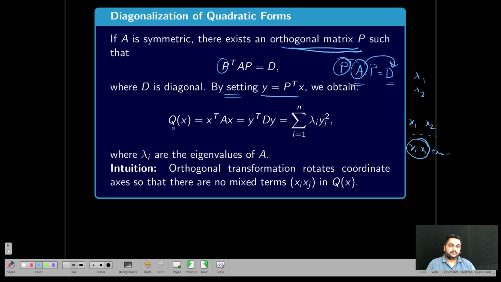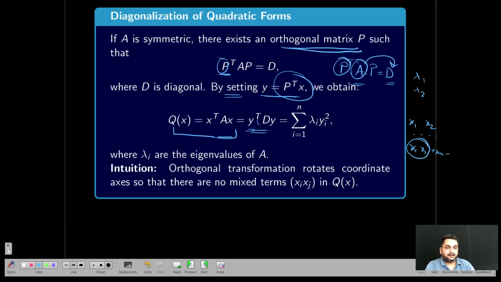In your q of x, which is x transpose A x, you set y equal to P transpose of x, so it becomes y transpose D y. I converted the matrix into a diagonal matrix and applied y. It means I am converting all the x1, x2 into a single variable yi.